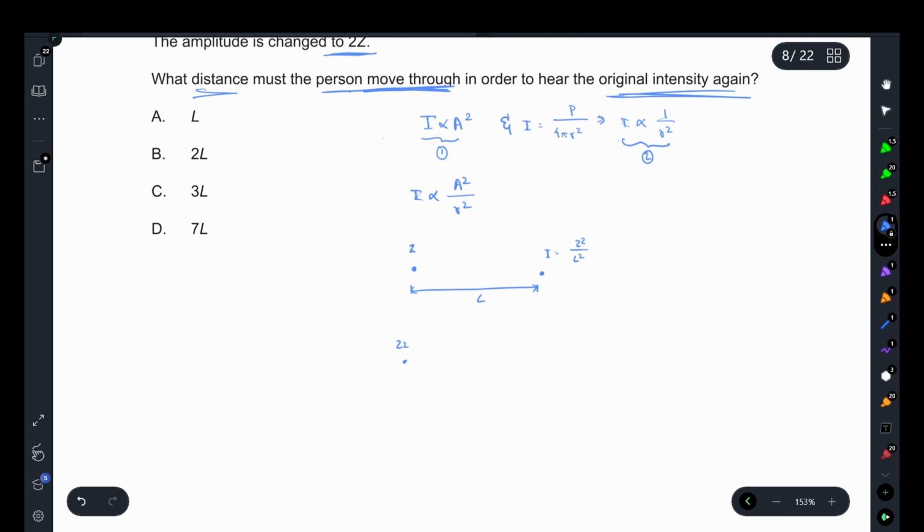Now when this becomes 2z, this is now the distance that it has to go through, and intensity must still be z squared by L squared. But because you have this as the amplitude, you have 4z squared by 4L squared.